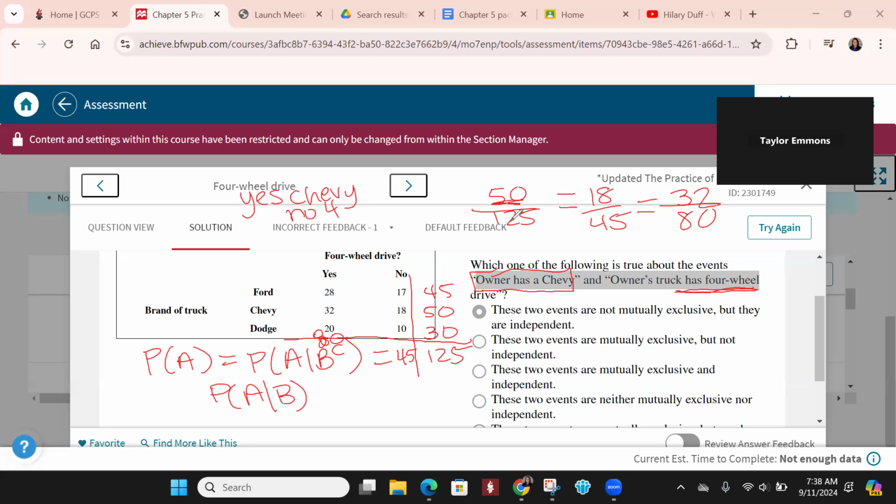That's how many Chevys out of the total number of trucks. Yeah, that was that first one. That's this probability. On this next one, we did out of the people who don't have four-wheel drive, how many were Chevys? That make sense? And then this one is out of the people who do have four-wheel drive, how many were Chevys? We okay?